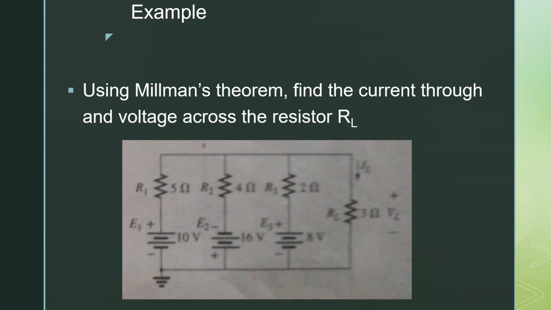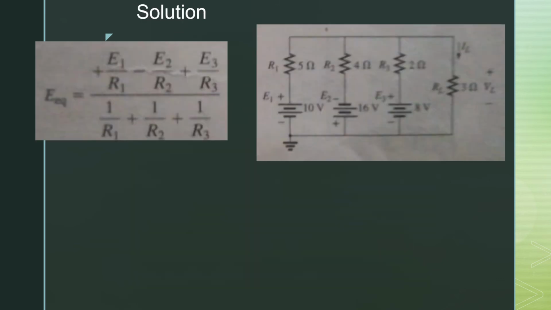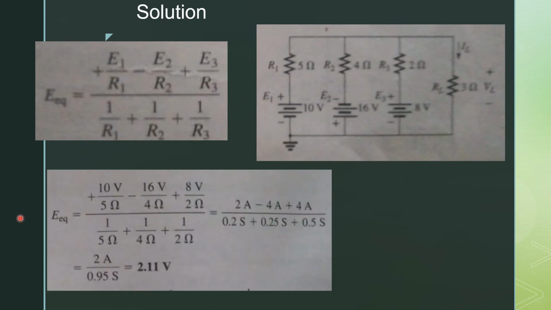In the first step, we have to find the value of E equivalent. E equivalent is equal to E1 by R1 minus E2 by R2, the minus sign is because of the polarity of E2. Similarly, R1 is 5 ohms, R2 is 4 ohms, R3 is 2 ohms. Substituting the values in this equation, you will get E equivalent equal to 2.11 volts.